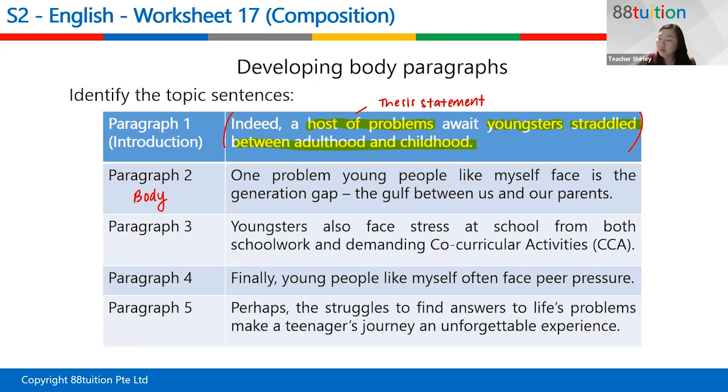Body paragraph 1 says, "One problem young people like myself face is the generation gap, the gulf between us and our parents." So this one is one of the problems. It is a good topic sentence because it's linked, right? Remember what the criteria are?